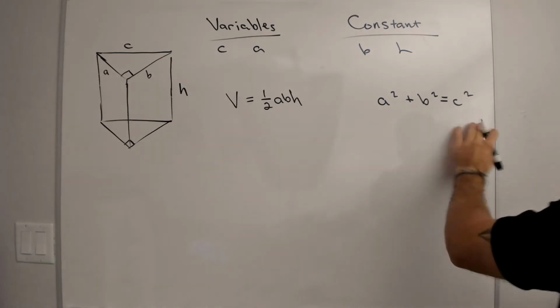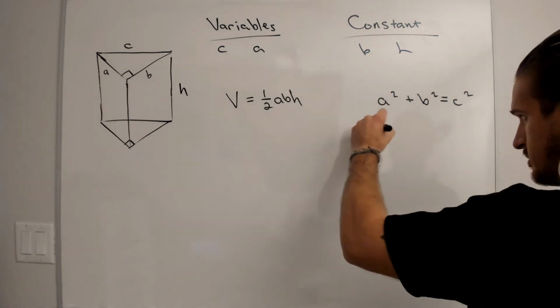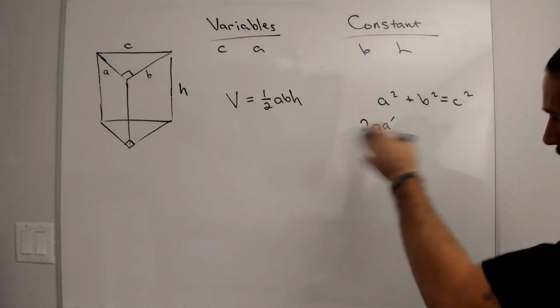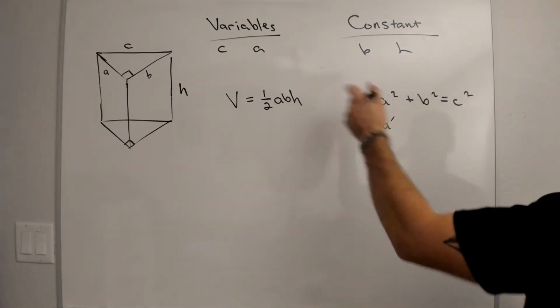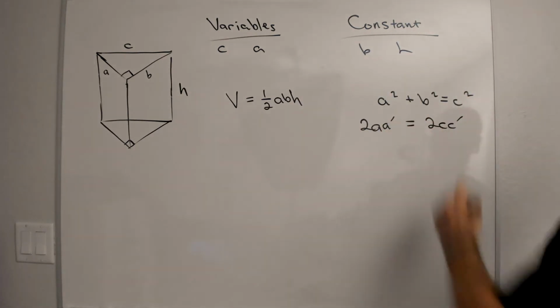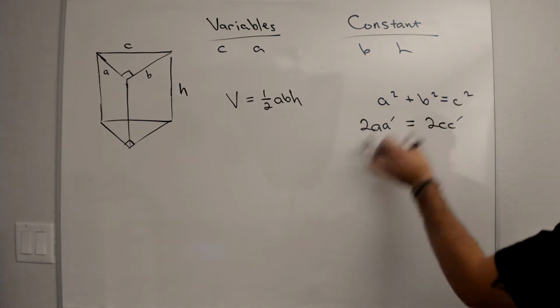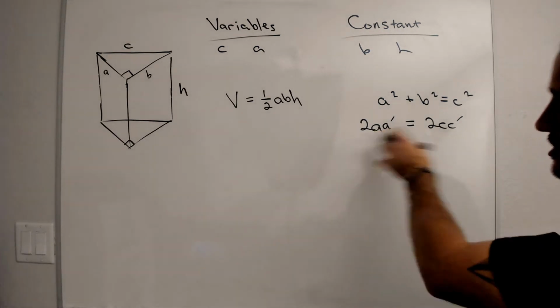Now, we go ahead and take the derivative of everything with respect to time. So we're at 2A prime, where A prime again represents the change in A with respect to time, or dA/dt. B we're going to treat as a constant, so it's gone, and then 2C, C prime. So this is how the rate of change in A relates to the change in C.